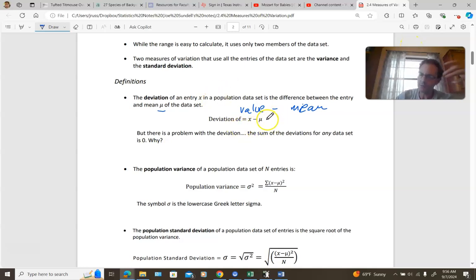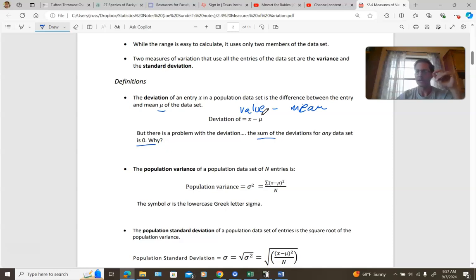Now, we could find the deviations of all the data values from the mean, but if you were to actually do that, you would get a sum of 0. The reason is because the mean is the balancing point. If you were to graph all the data on a number line, the mean would be right in the middle. You would have just as much weight on one side as you do on the other.